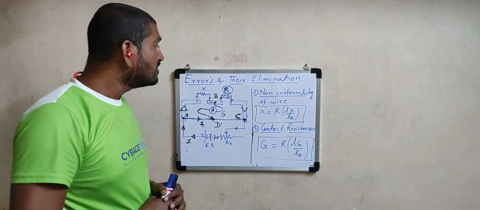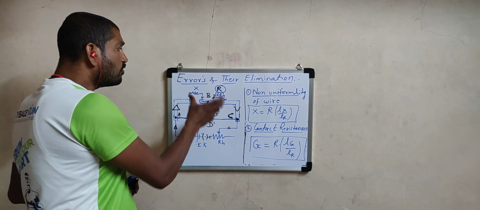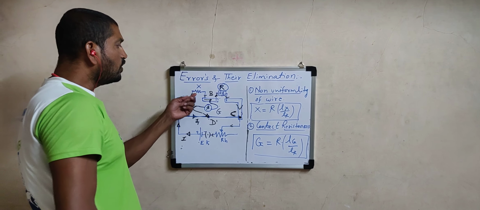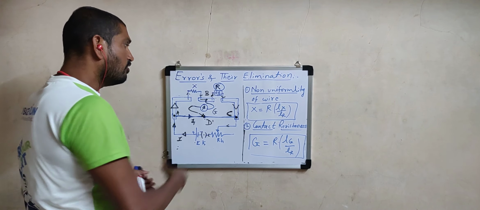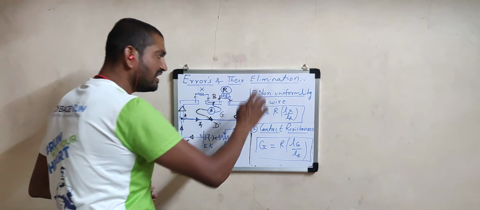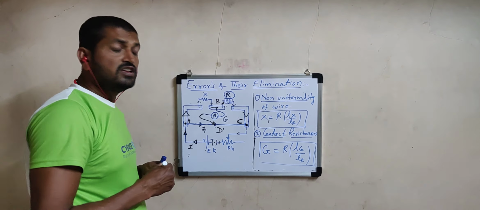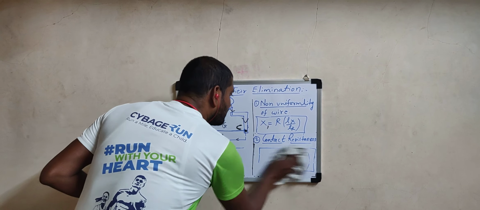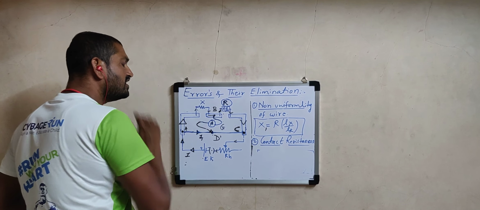A simple method. In order to minimize this error of contact resistances, you have to perform this experiment with the unknown resistance in the left gap and the known resistance in the right gap. Carry out this experiment, measure the balancing lengths Lx and Lr, and first of all calculate X1. Now repeat this experiment by exchanging these two resistances in the two gaps.